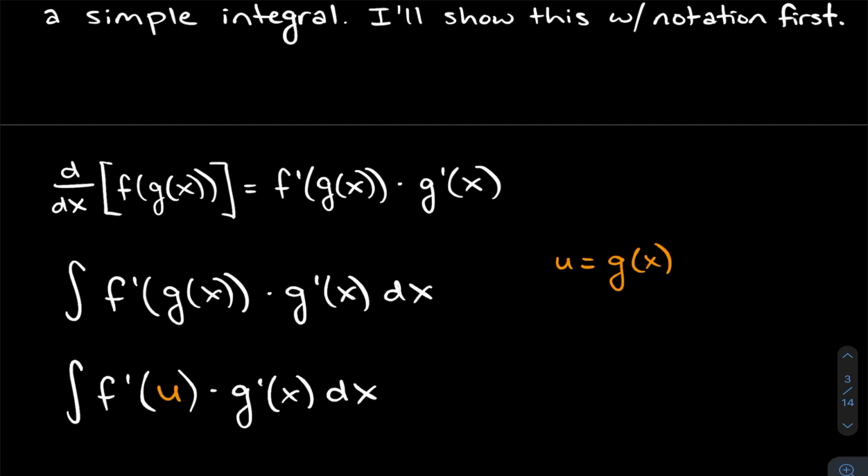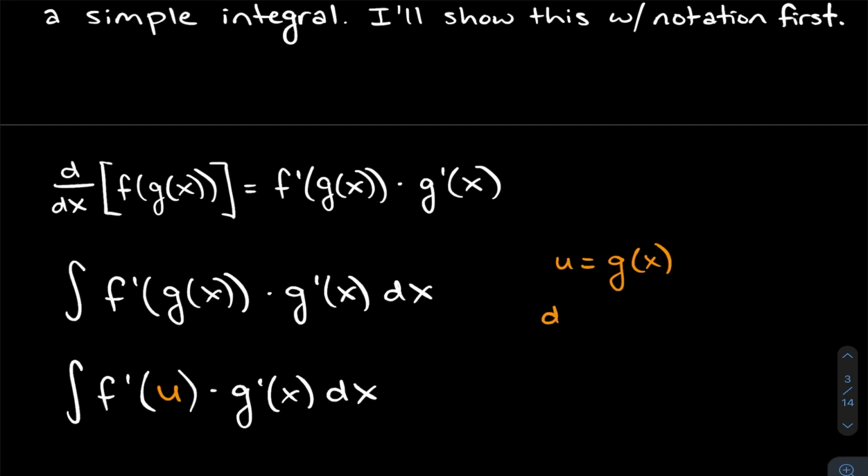Right? But that's not the only substitution that I want to make here, because we still have, this looks a lot nicer, this piece, right? We've simplified that down to just be a single variable there, not an entire function. But what about this guy, right? If we've replaced g of x, we should replace g prime of x. And we can do that. All we have to do is take a derivative, right? Like we did in chain rule, we take a derivative of the inside. That's what we do when we do a u-substitution.